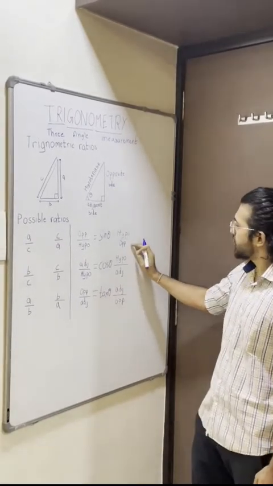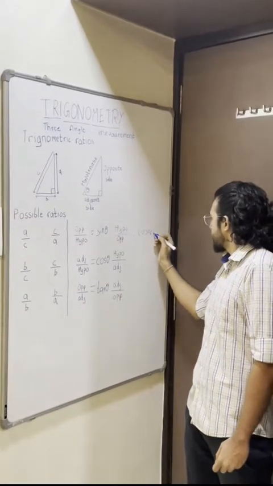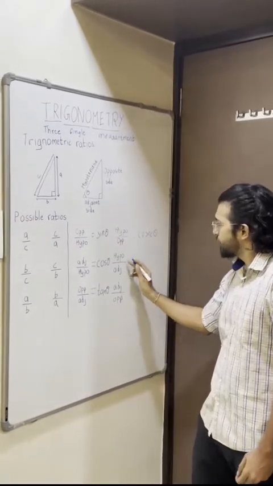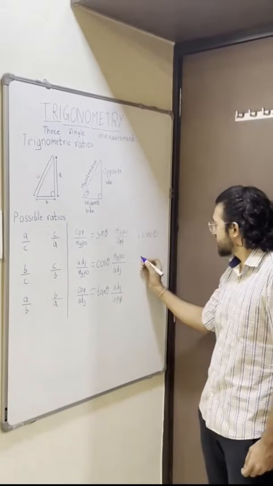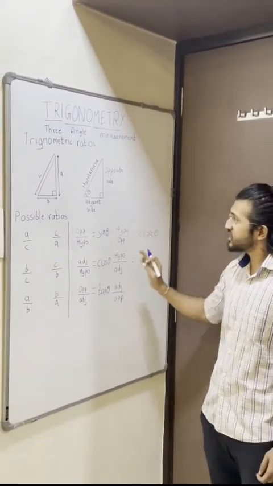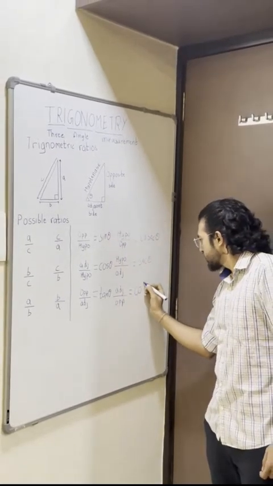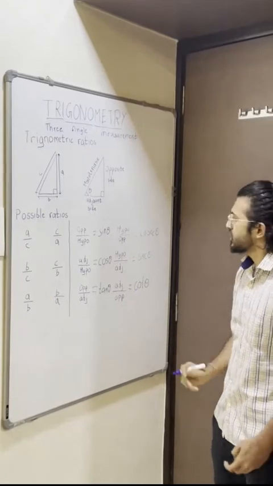The fourth ratio, hypotenuse upon opposite, is equal to cosec theta, and hypotenuse upon adjacent is equal to sec theta. And the last one, adjacent upon opposite, is equal to cot theta.